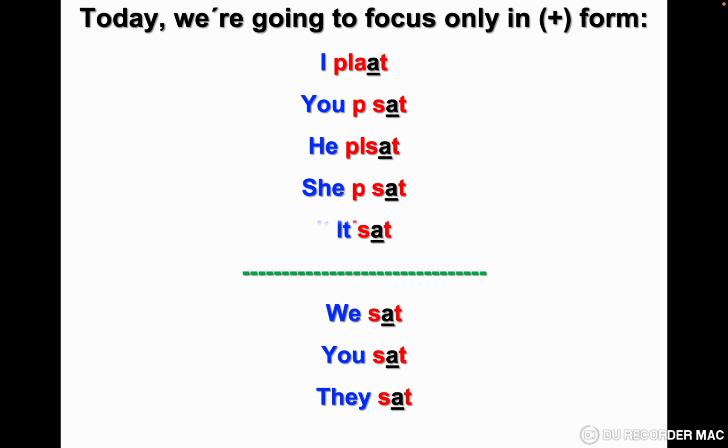Let's continue. Sat. Sat is the past of sit. We changed i to a. I sat, you sat, he sat, she sat, it sat, we sat, you sat, they sat. So sat is positive.